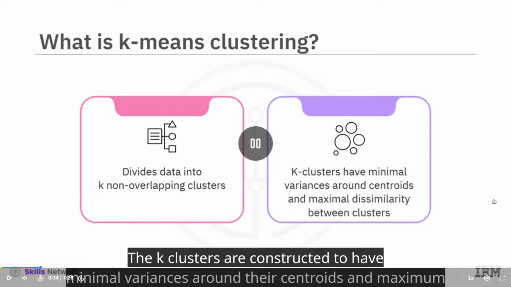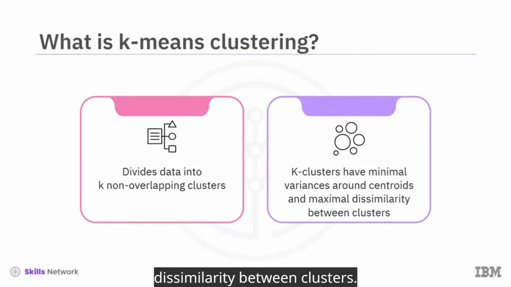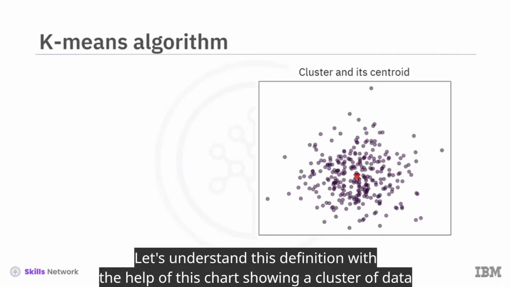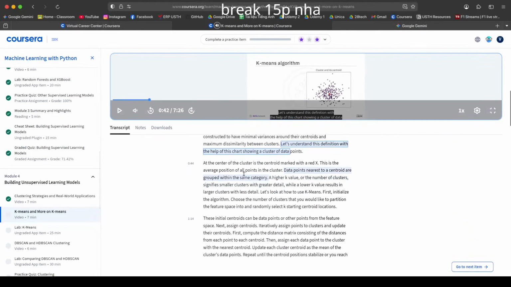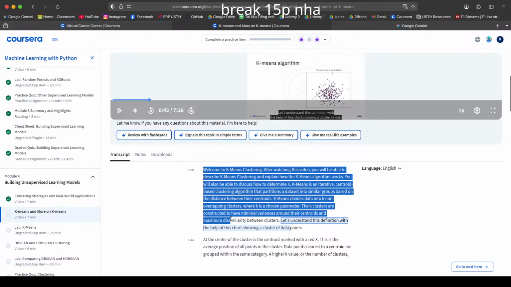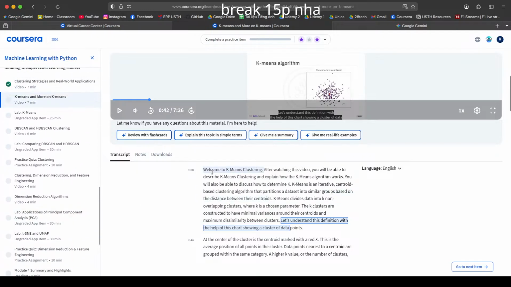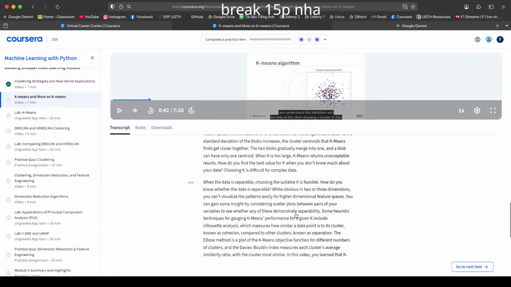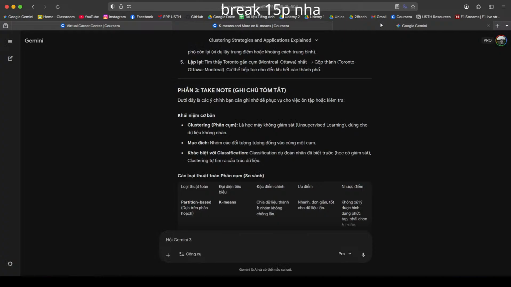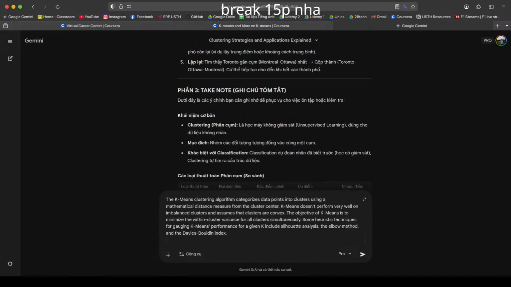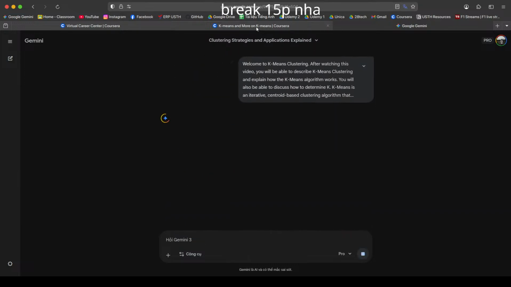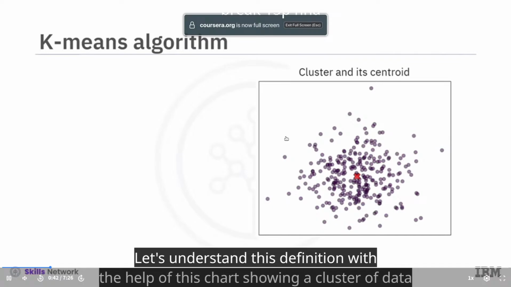The K clusters are constructed to have minimal variances around their centroids and maximum dissimilarity between clusters. Let's understand this definition with the help of this chart showing a cluster of data points.